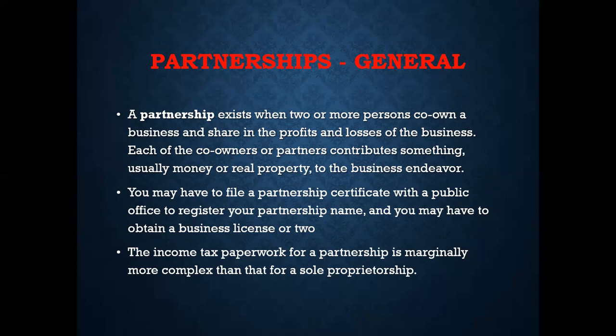You have to file a partner's certificate with a public office to register your partnership name, and you have to obtain a business license or two. The income paperwork for a partnership is marginally more complex than a sole proprietorship, not that much different.